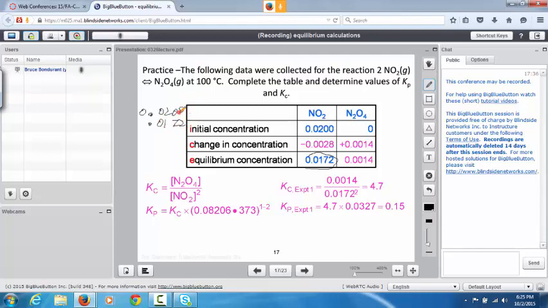That would be 0.0028, so this would be negative 0.0028. And now half as many of the N2O4 as NO2 are made, so that's a plus 0.0014. So now our concentrations at equilibrium would be 0.0172 and 0.0014.